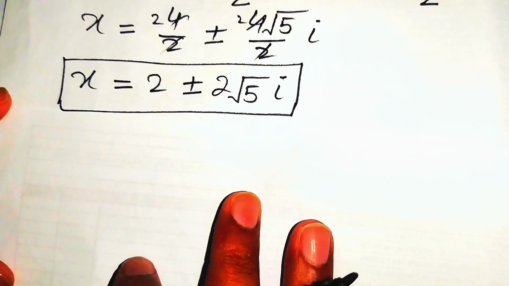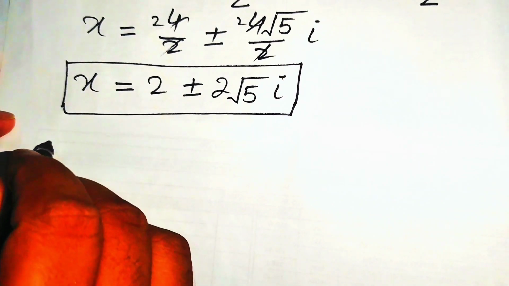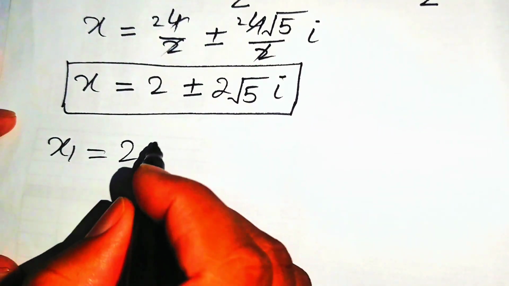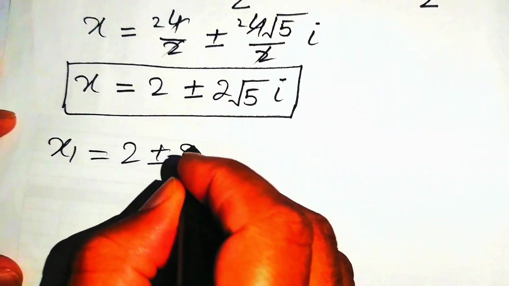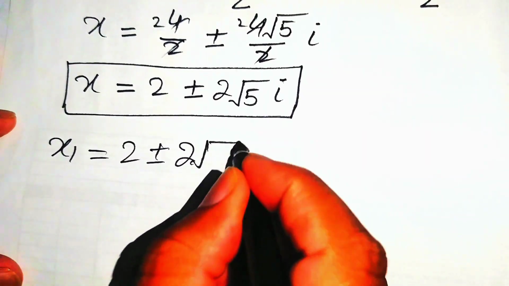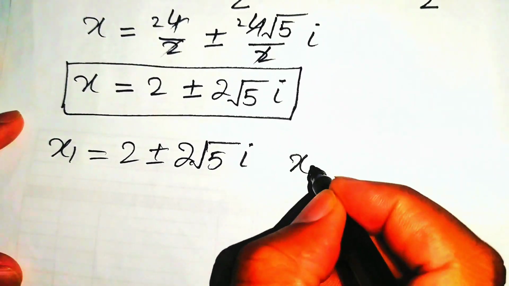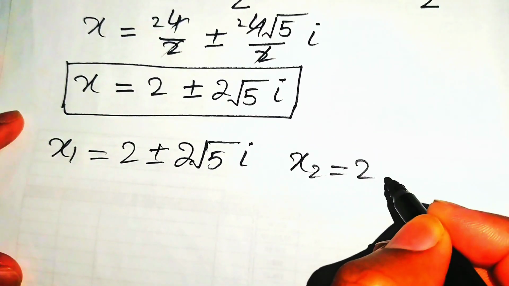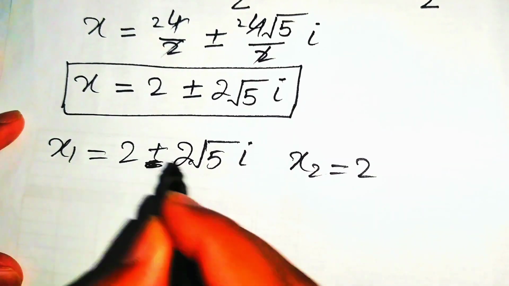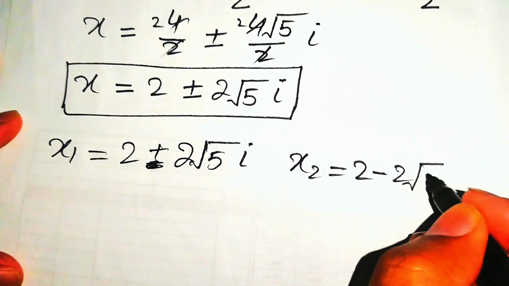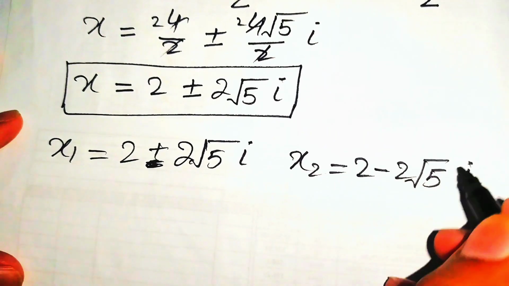Here we have two values of x and we write these separately: x1 equals 2 plus 2 times square root of 5 into iota, and x2 is 2 minus 2 times square root of 5 into iota, the positive value and the negative value.